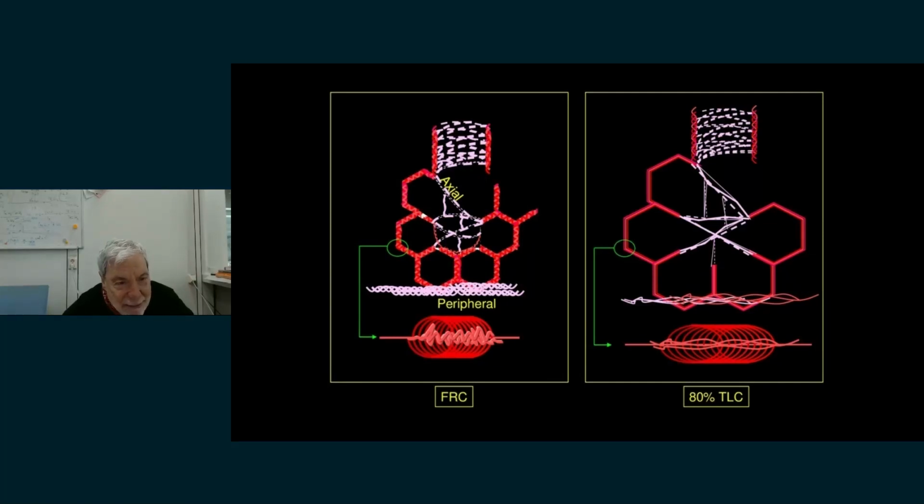We have an elastic part, which is a sort of spring that distends, and inside we have the collagen fibers. The collagen fiber acts as a stop length. That means when you have distended all the fibers, you reach the total lung capacity, which is the physical limit of the lung.